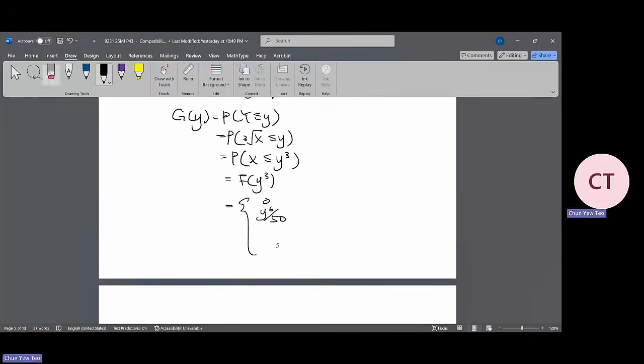You need more space. Y power 6 over 50. And 1 minus the 8 minus the y cube squared over d. And this is the 1. This one is the y cube less than 0. The y cube between 0 to 1.